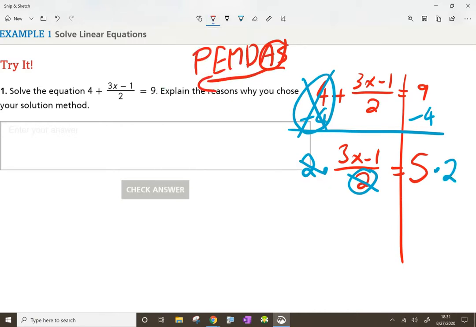So what does that show us? Well, it shows us that the 2's cancel out, leaving us just with the 3x minus 1. So again, we've gotten rid of the 4. We've gotten rid of this 2. Now don't forget to simplify the right-hand side. 5 times 2, that's going to change that number into 10. All right, so now what do I need to get rid of?